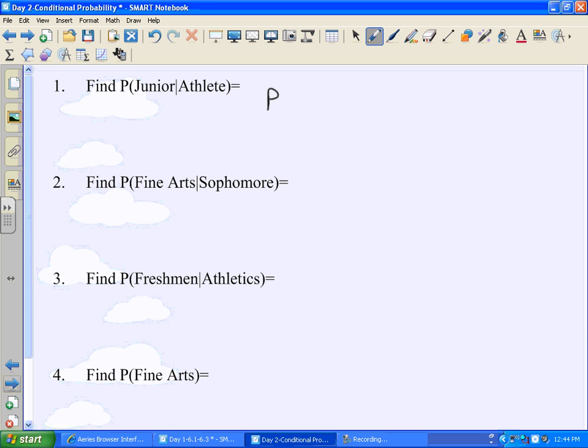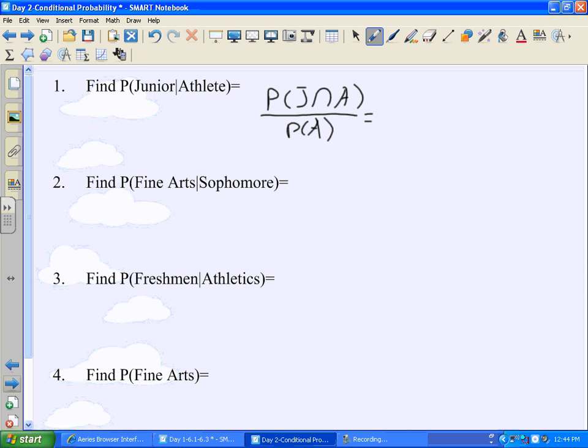I want the probability that you are a junior and an athlete divided by the probability that you're a junior. Okay? Again, oh no, I set it up wrong. Sorry. Given that you're an athlete. There we go. I wrote the formula down wrong. That's how we find it statistically. That's the straight cut and dry formula.